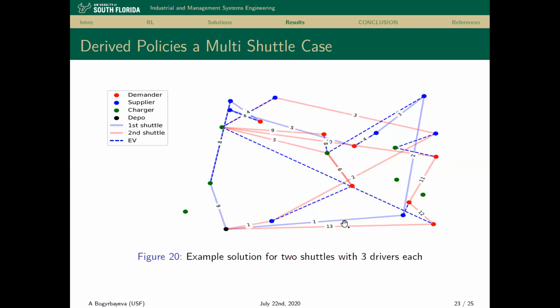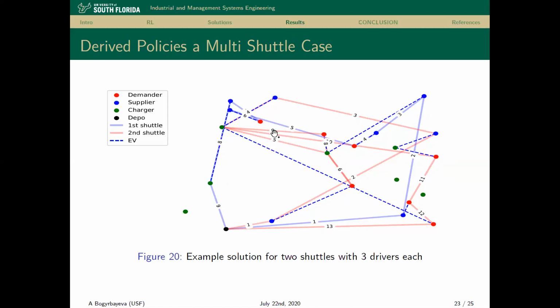But one interesting thing happens here. If you notice, this driver is dropped off by the first shuttle, and is relocating this EV from this node to this charging station, but later is picked up by the second shuttle, which is represented by red.